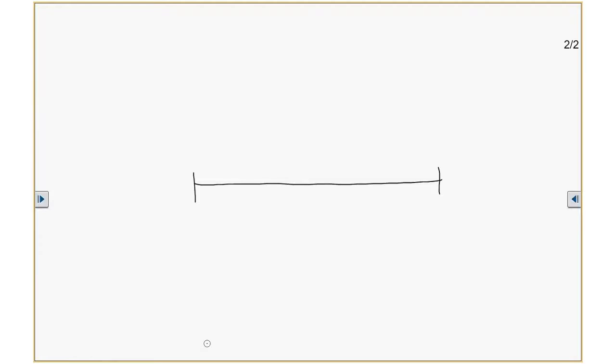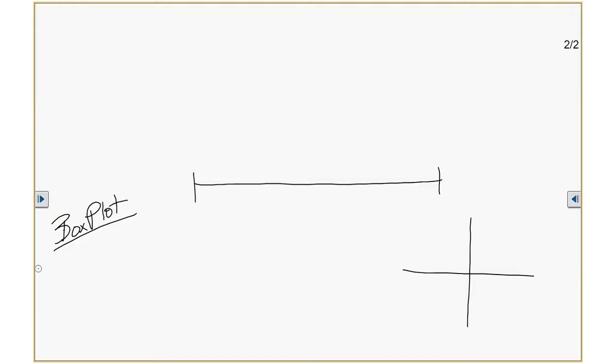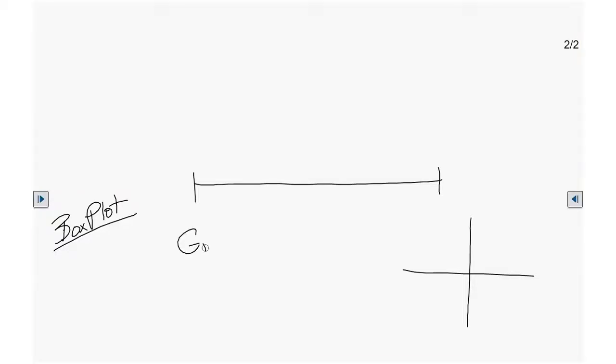There's two parts. There's the graph, and then there's what you graph on the graph. If I do this, graph me a line. You can't graph a line because you don't have what? Any numbers. So with the box plot, you've got to have two things. With a graph, you've got to have two things.